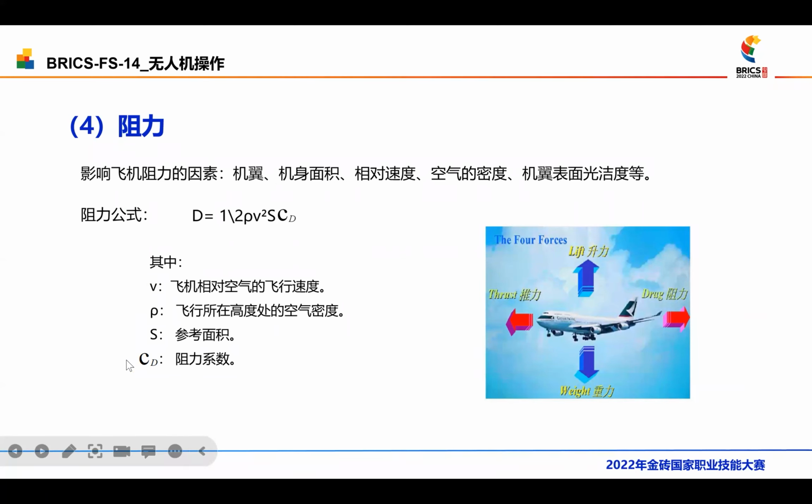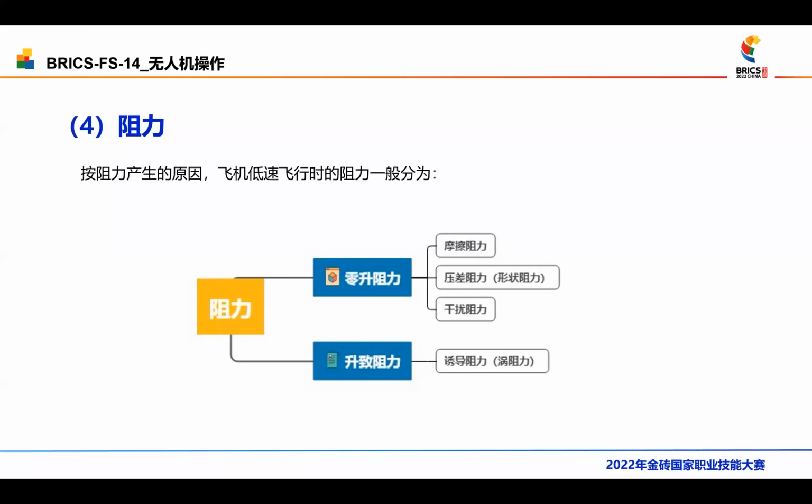We divide the resistance into zero lift resistance and lift resistance.